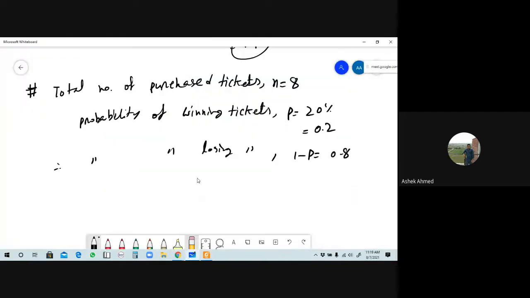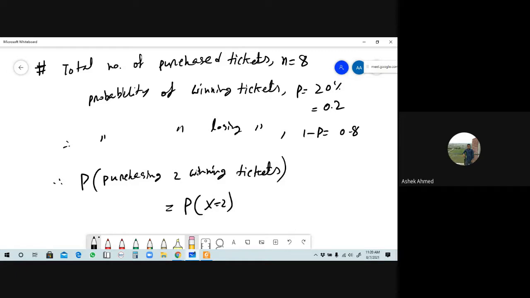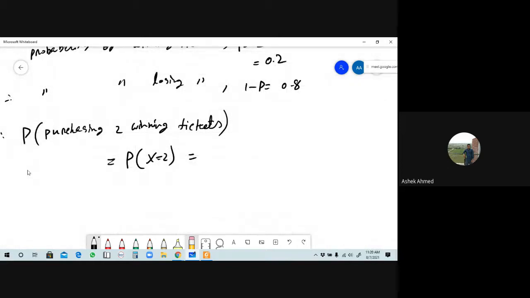Now the probability of purchasing 2 winning tickets represents the probability of x equals 2.